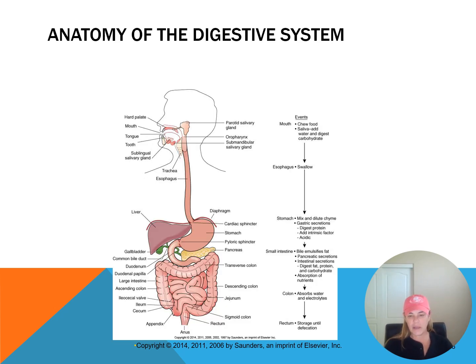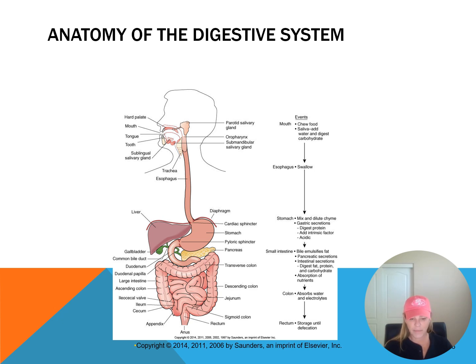Here's a quick anatomy. A lot of organs are involved in the digestive system, from the mouth all the way down to your anus. You have your mouth, your tongue, your teeth, your glands, your esophagus, and that goes down into your stomach, your diaphragm, your liver, gallbladder, pancreas, small intestine, into the large intestine.